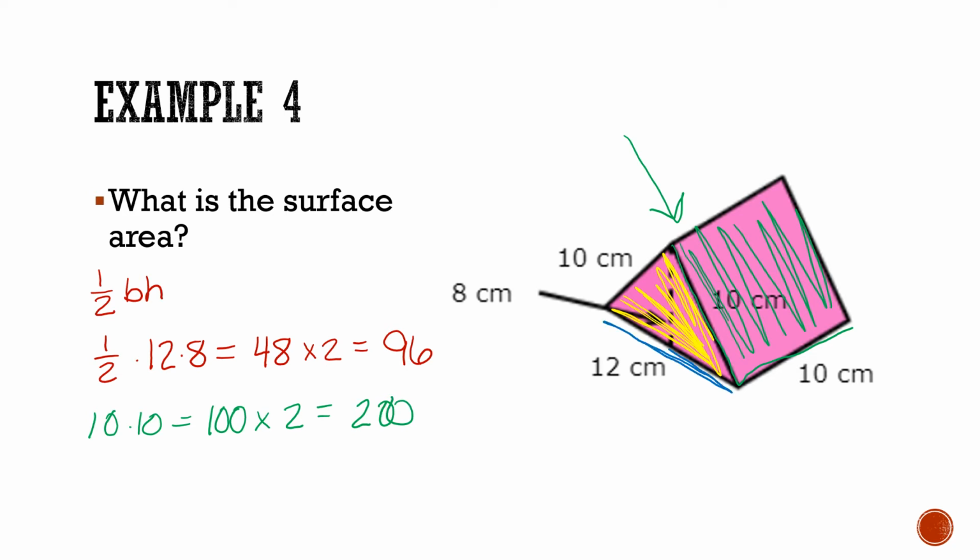So the base here that it's sitting on is 12 by 10. So 12 times 10 is 120. And again, it's just that one base of that size. So 120 plus 200 plus 96 gives us 416 centimeters squared.